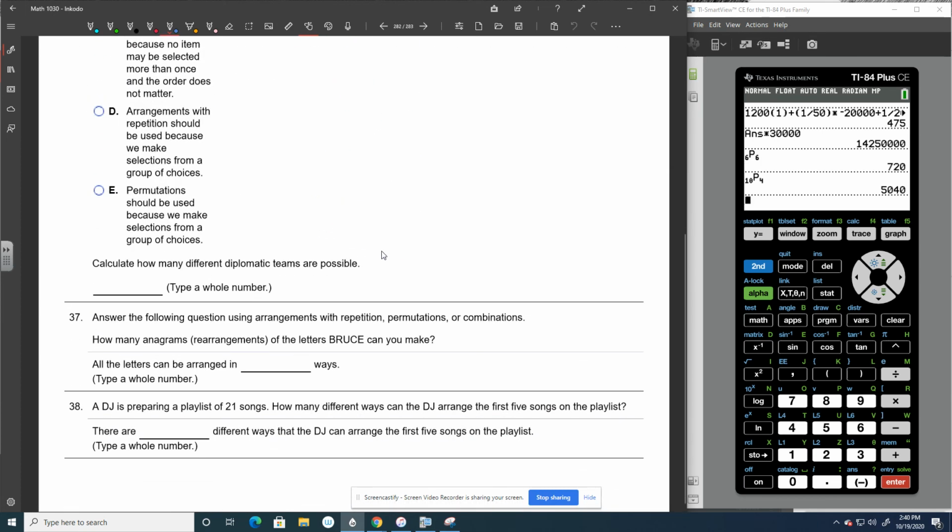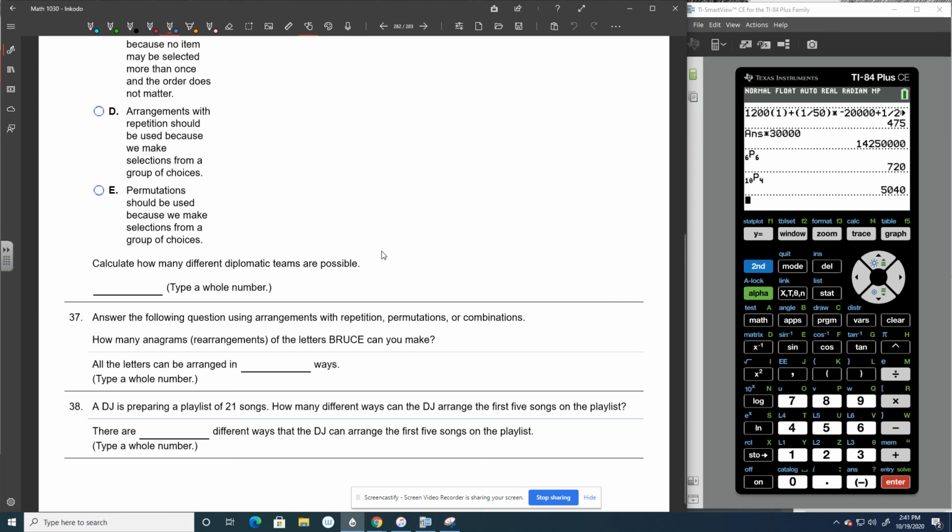Okay, 37. Answer the following question using arrangements with repetition, permutations, or combinations. How many anagrams or rearrangements of the letters Bruce can you make? We're choosing from B, R, U, C, E, and the order does matter because we're rearranging these same letters.